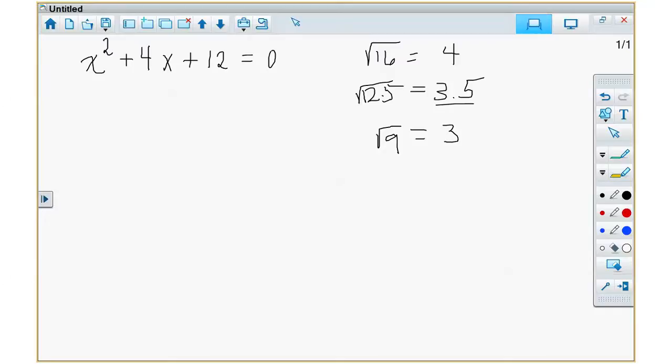Now, this thing right here tells us something. That's not supposed to be on.